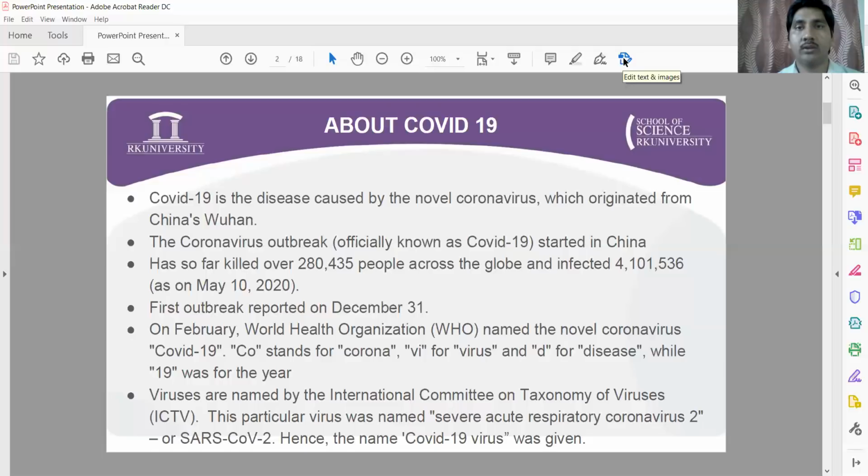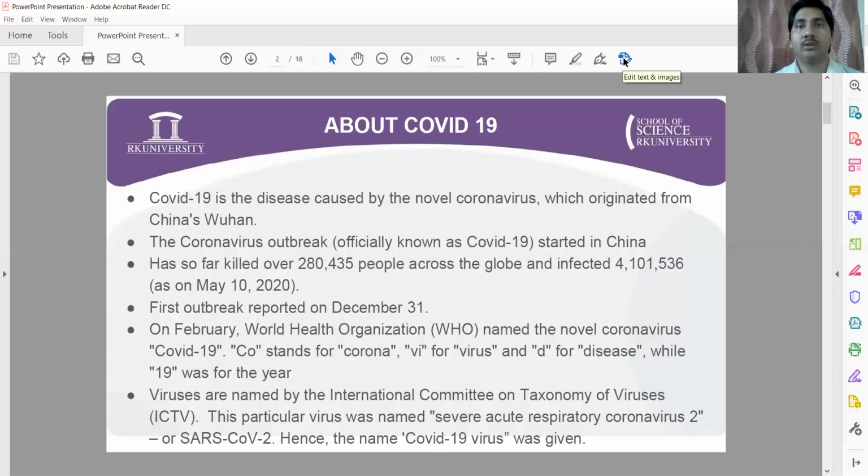The first outbreak of the disease was reported on 31st December in Wuhan city of China. In the month of February, WHO named the disease caused by the novel coronavirus as COVID-19.